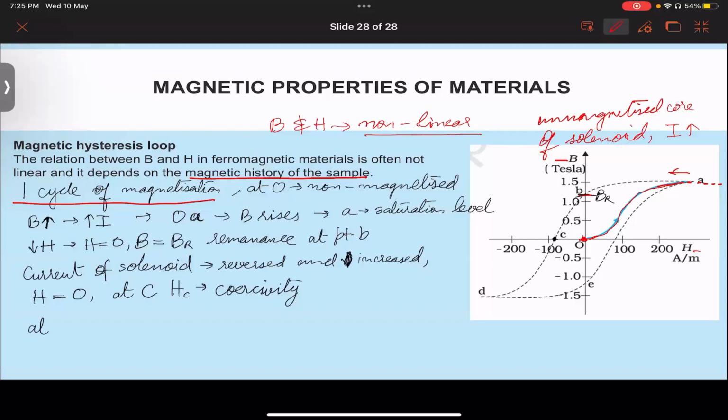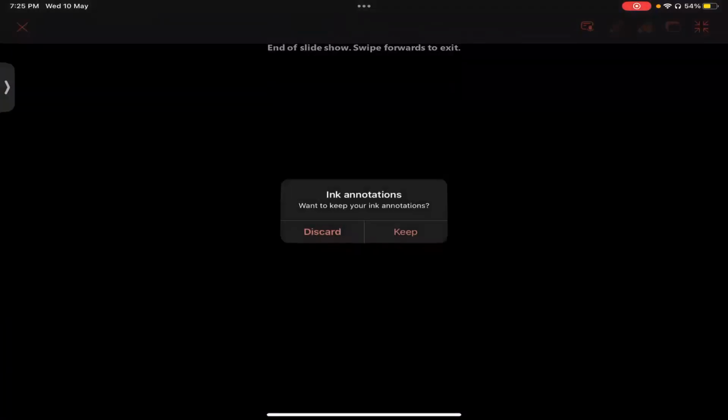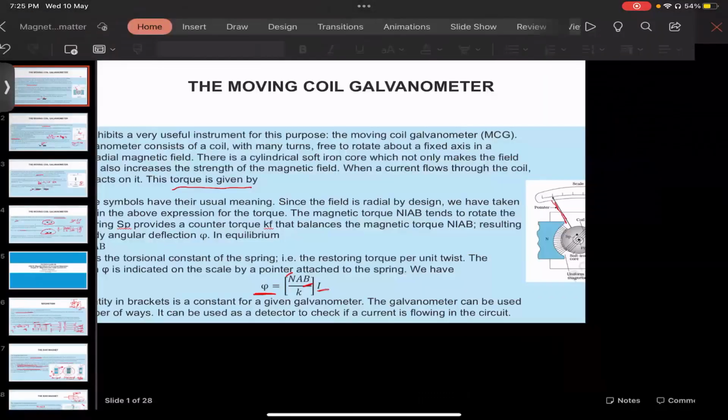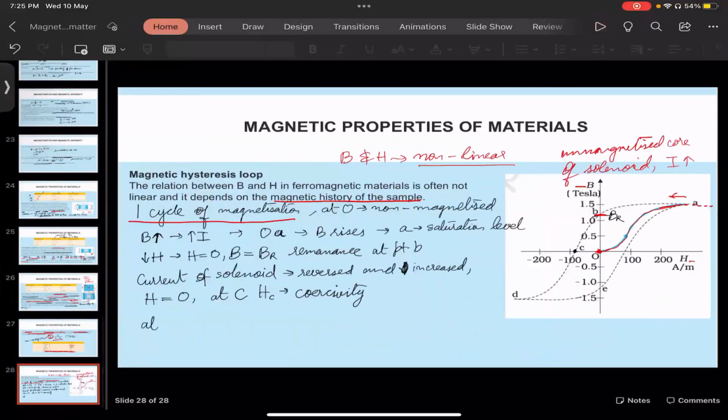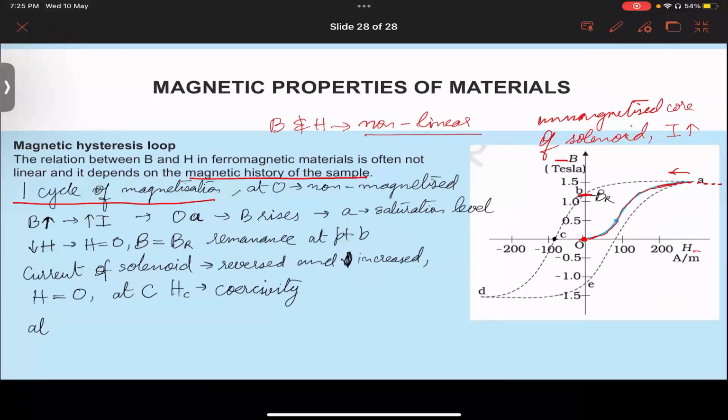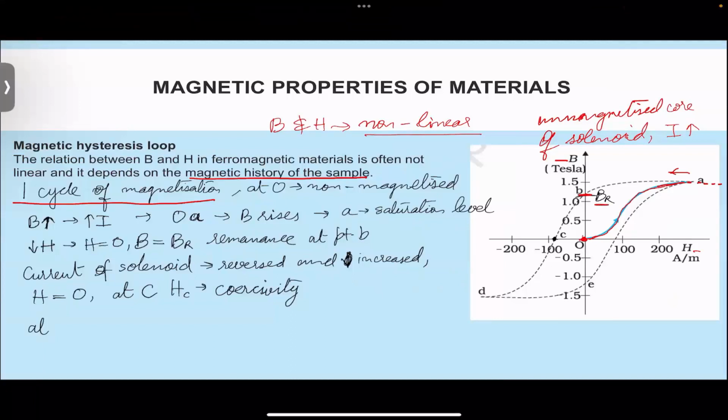At this point the magnetic field that is present we denote as Br, which is the remanence. So this Br is the remanence.